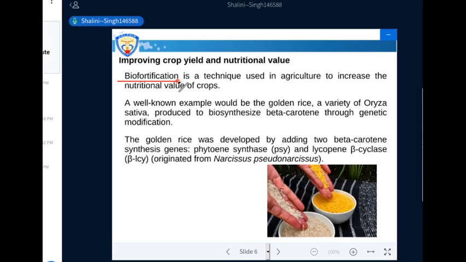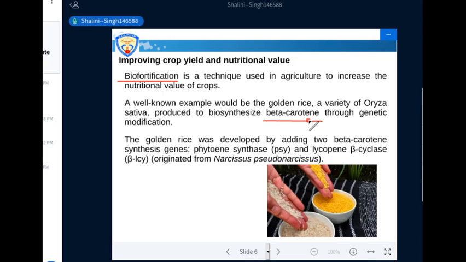A very famous example would be golden rice, a variety of Oryza sativa which is produced to biosynthesize beta-carotene through genetic modification. The rice crop does not produce beta-carotene, but it has a precursor which is needed to produce beta-carotene. So the golden rice was developed by adding two beta-carotene synthesis genes.